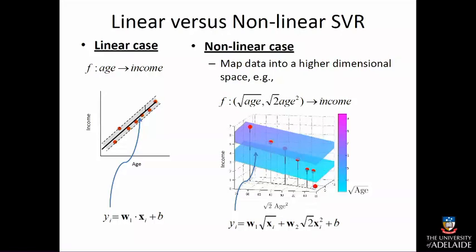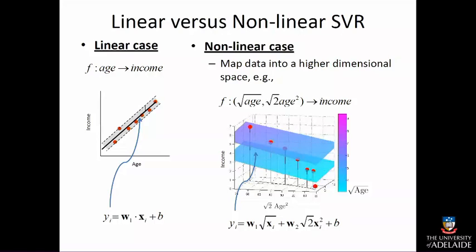And here it's the same. In the case that we are not able to find a linear function which can fit the data points very well in the original space, we lift them into a higher dimensional space. And in the higher dimensional space, it's more likely for us to find a linear function which can fit those data points much better.